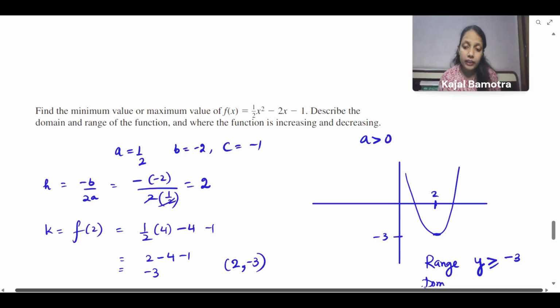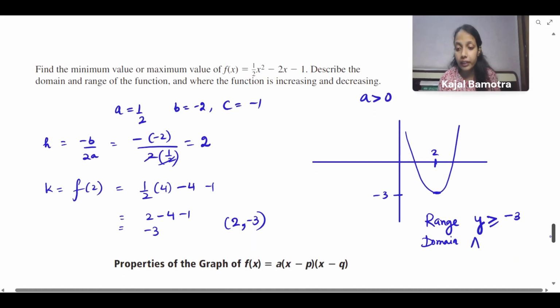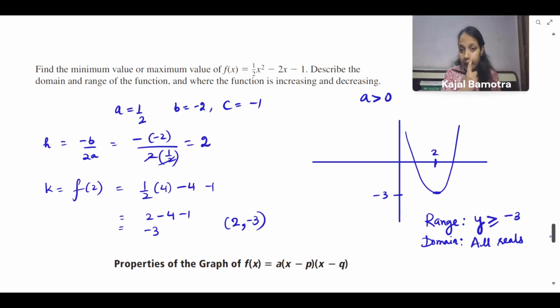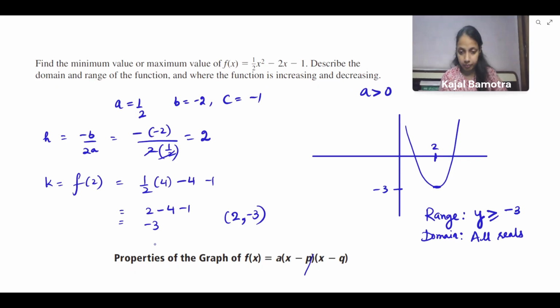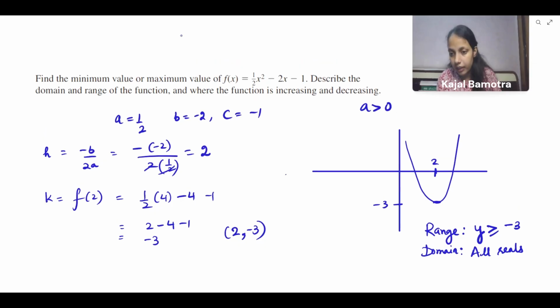Domain. It has no problem at any point. So the domain is all real numbers. Done. Okay, then the question says where it is increasing and where it is decreasing. It's very important. After this point, the graph is going up.